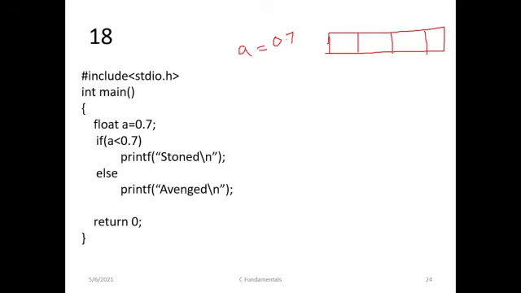When it is allocated and stored, this will not store 0.7. Instead of that, it will store something less, 0.69999.